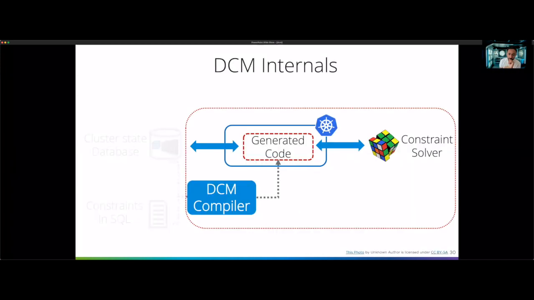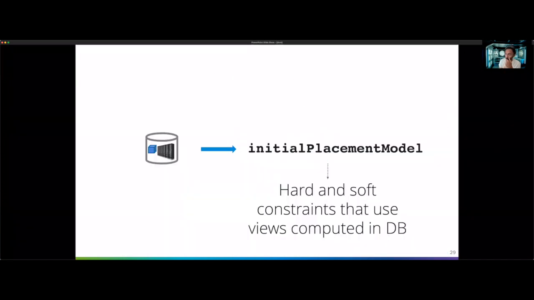You can compute whatever you want in advance in the database if you think it'll simplify life on the DCM side. And so to the question about incremental placement, you have to craft your model in a way that it becomes incremental, right? So you look at only the new changes that you want to make decisions for. If you don't need incremental placement, you can look at the entire set of pods if you want to.